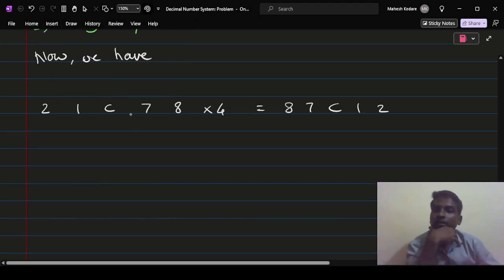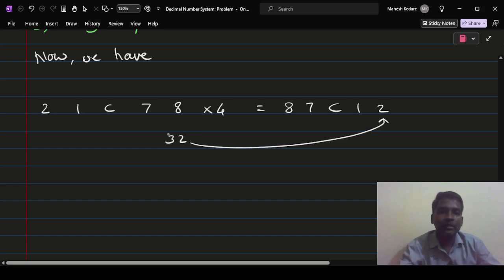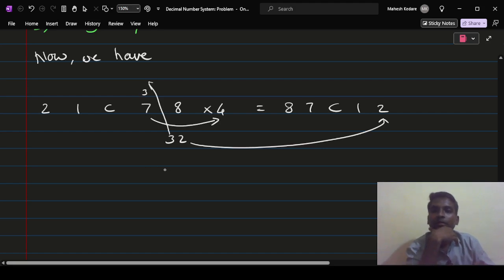We use similar reasoning as before to find the value of C now. We multiply 8 by 4 and it gives us 32. 2 remains in the unit position and 3 moves to the next position as carry. Then we multiply 7 by 4 and it gives us 28, and this carry is added to 28 and we will get 31.